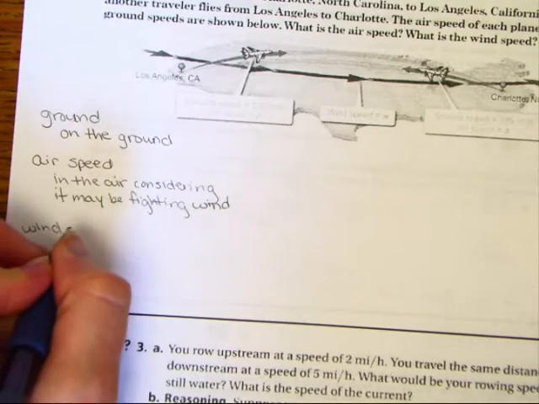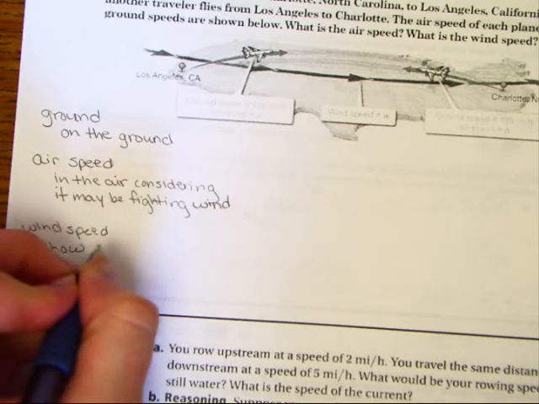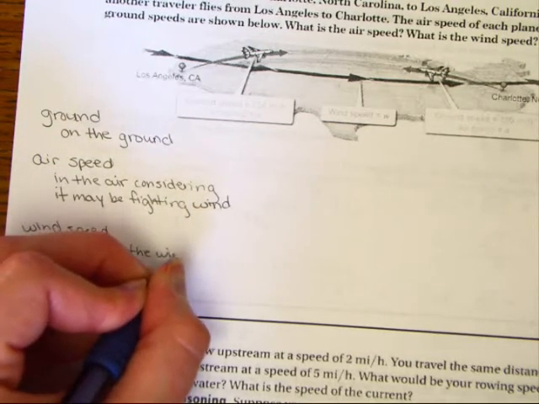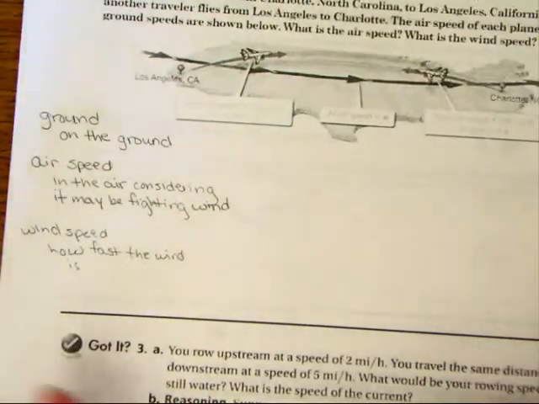Wind speed is exactly what it sounds like, guys. The wind speed is how fast the wind is. Okay? And that does make a difference when somebody's flying a plane.